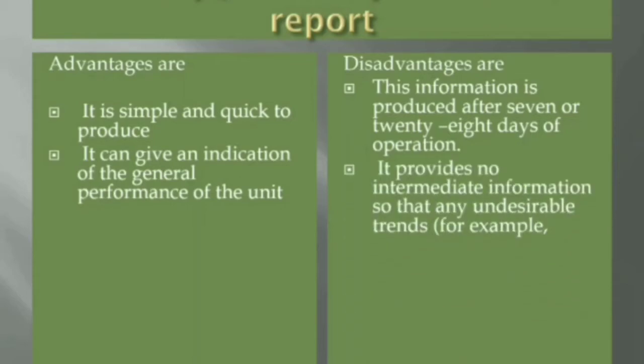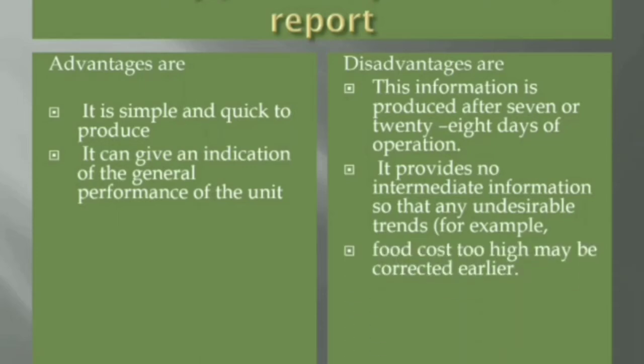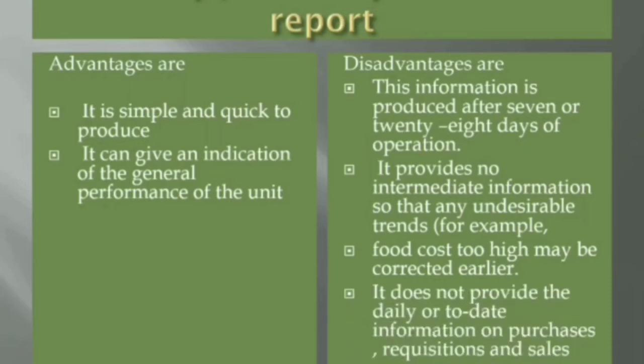It provides no intermediate information so that any undesirable trends, for example food cost too high, may be corrected earlier. And the last disadvantage is that it does not provide daily or to-date information on purchases, requisitions, and sales.